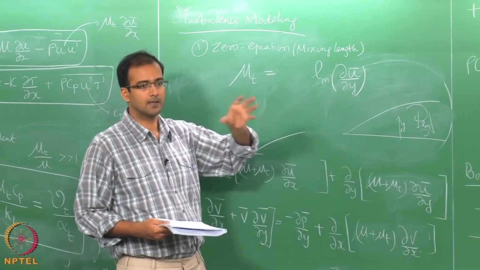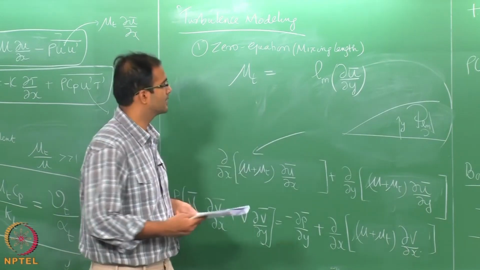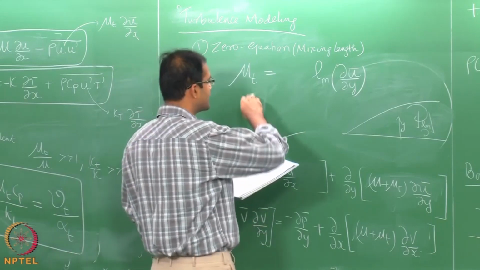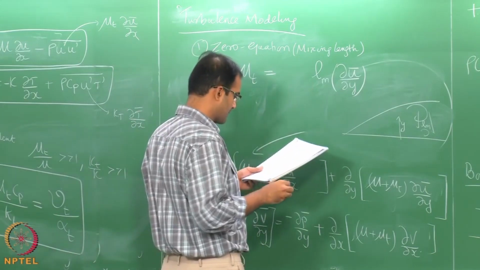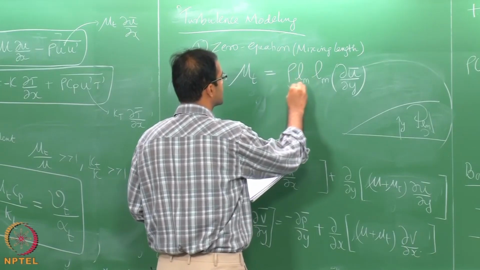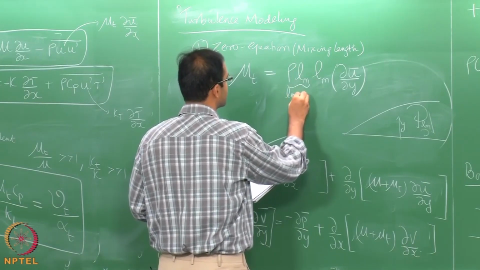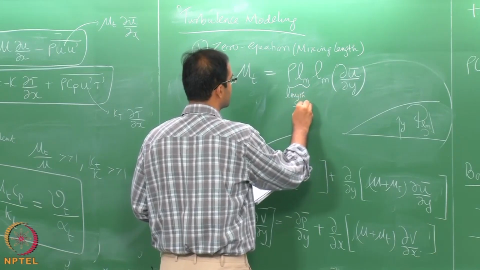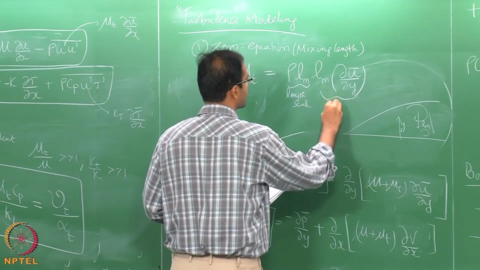This is some scaling and some hypothesis. Therefore, he relates the turbulent viscosity by multiplying another length scale to this. So, this is your length scale and this is your velocity scale.